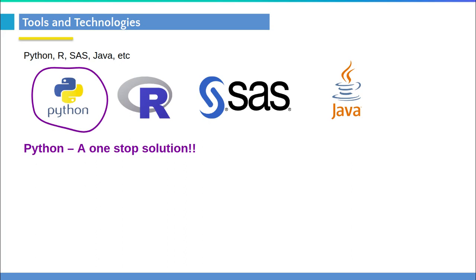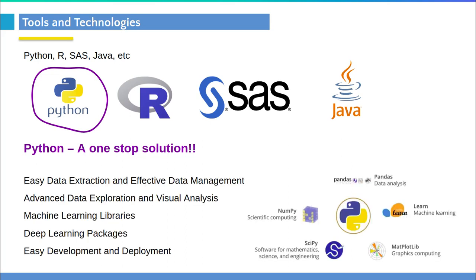It is the preferred language for many reasons. Python is an old and stable programming language. It is high level and easy for anybody to learn, right? That's the advantage. We have so many powerful libraries like NumPy, Pandas, Matplotlib, and scikit-learn, which can be used for your data analytics and data science projects.